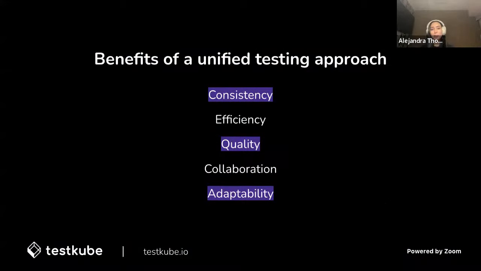So by implementing a unified testing approach, we tackle several of the challenges we discussed earlier. And you can also, of course, reap some benefits such as consistency in your results, efficiency for your teams and testing efforts, overall quality of your software, better streamlined collaboration across teams and between the tools that you're using, and the ability to adapt easily to different tools and workflows.